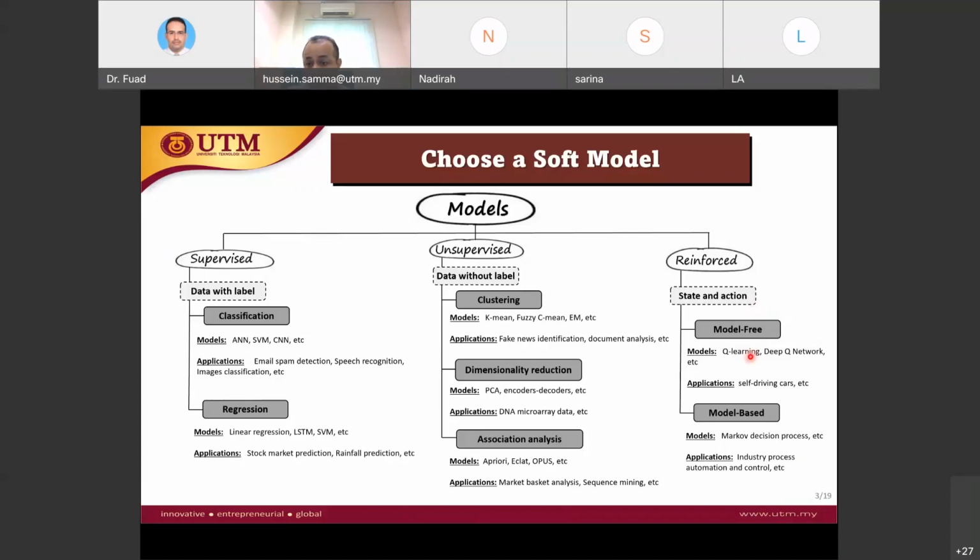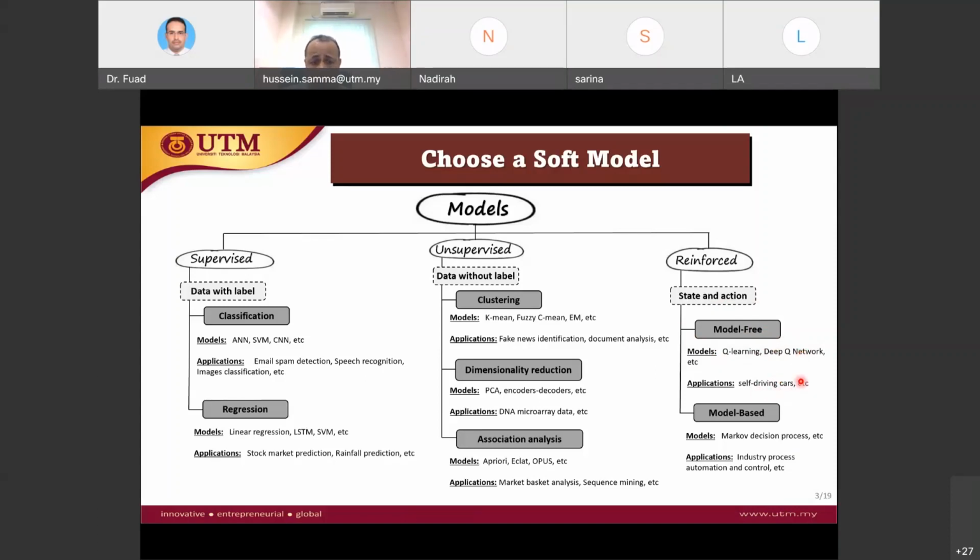So we have model-free. We don't have any idea about the environment, so we start to interact with this environment, and the model will be built incrementally. We have the Q-learning algorithm, and recently the deep Q-learning algorithm, which fall in this category. As an application of these kinds of models, we have self-driving cars.